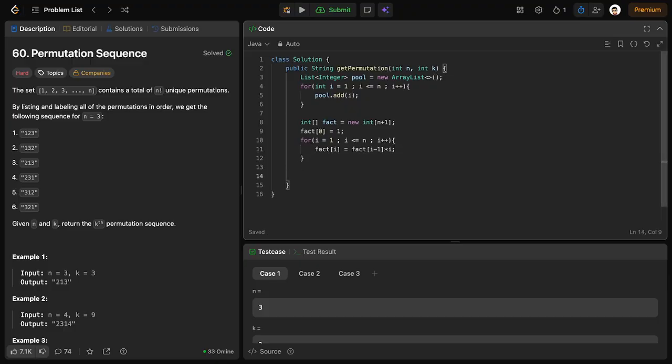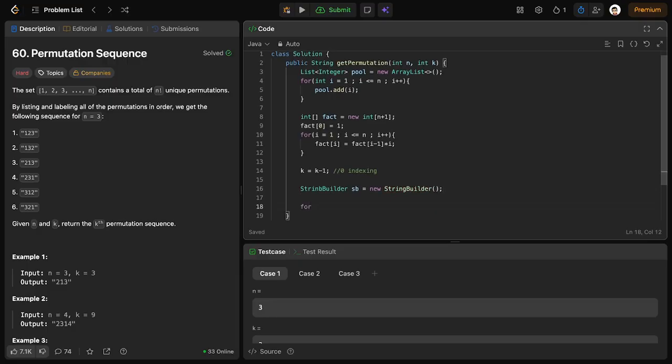Now we decrease k is equal to k minus 1, because we are using zero based indexing. And now to store we use a StringBuilder. sb is equal to new StringBuilder, and for int i is equal to n, i greater than 0, i minus minus.